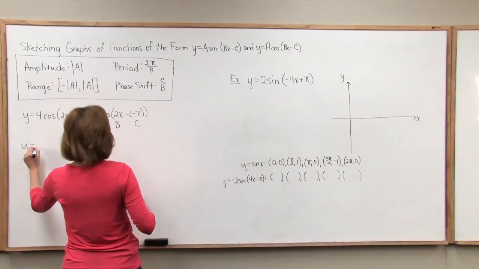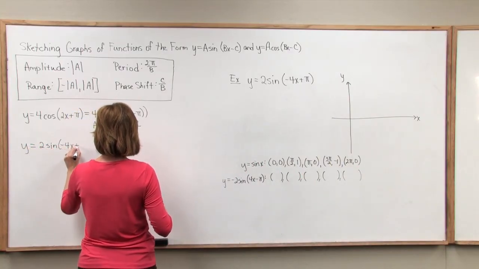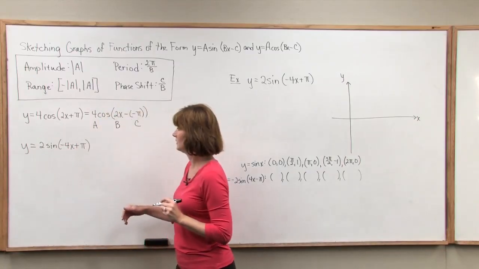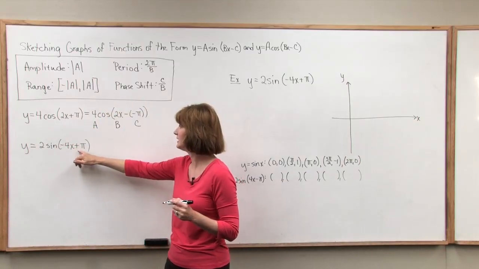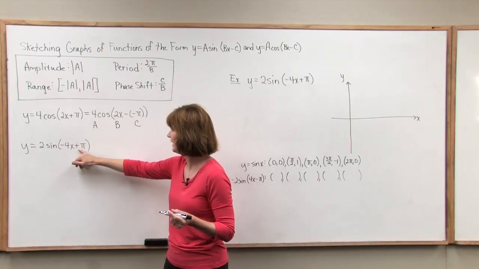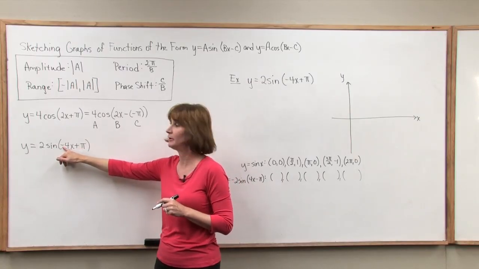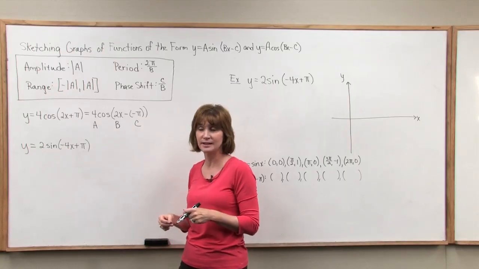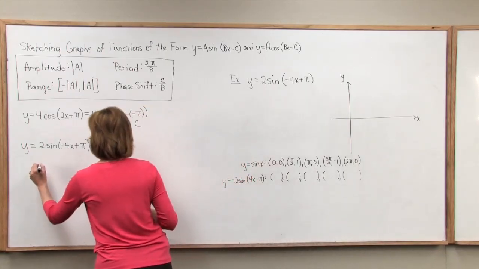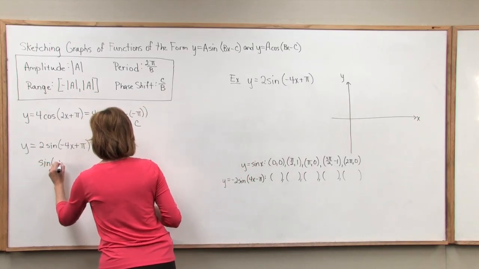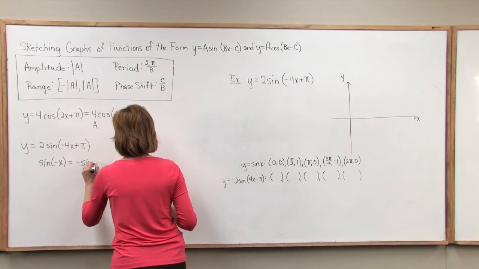Let's write down this function. We have 2 sine of negative 4x plus pi. Well, I see a plus sign here and I see a plus sign here, but it turns out the phase shift is not negative because, more importantly, I have b that's negative. And whenever b is negative, your first step is to rewrite it using even-odd identities. If you recall, sine is odd, which means what? It means the sine of negative x is negative sine x.